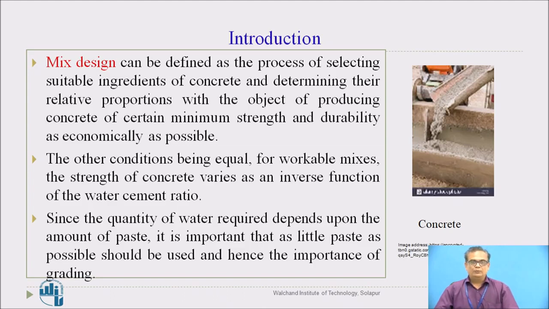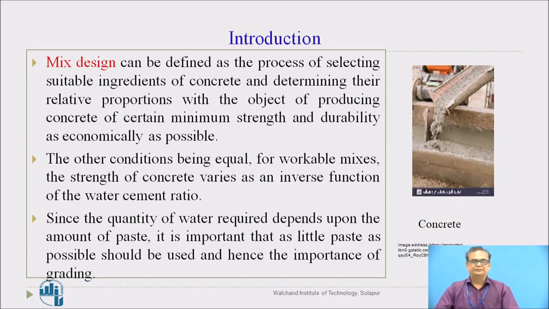Now, one more thing is that for workable mixes, the strength of concrete varies as an inverse function of water cement ratio. This thing is important. One should know it. Since the quantity of water required depends upon the amount of paste, it is important that this paste should be as little as possible, and hence the importance of grading.